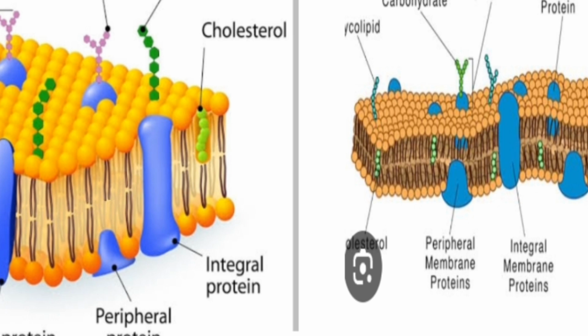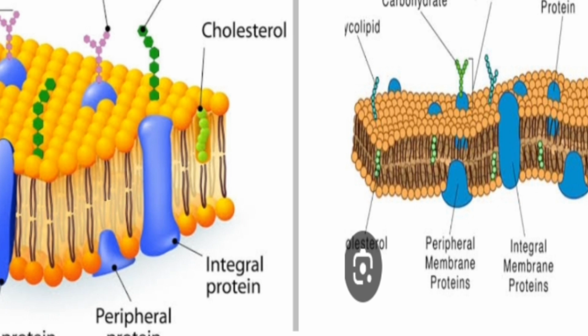It explains why substances can actually cross the membrane. If the membrane is just the way the unit membrane proposed, surrounded by a continuous layer of protein, it then means that some substances may not be able to cross through the membrane.